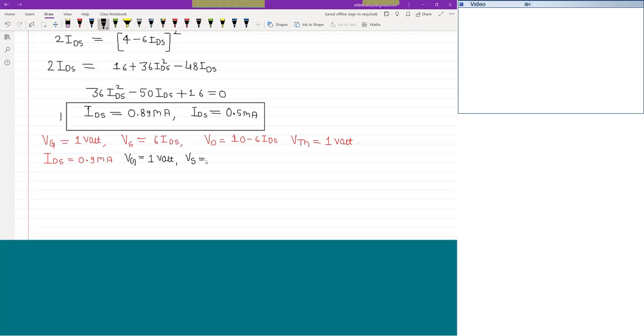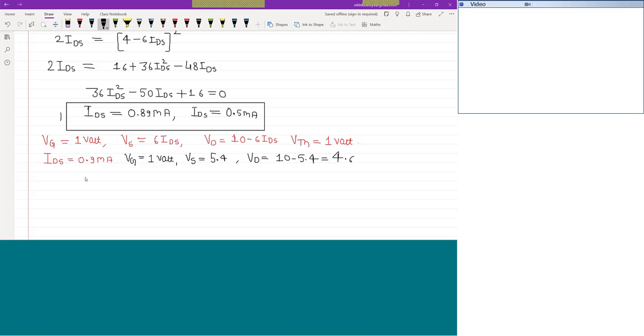The value of Vs is 5.4, and Vd is equivalent to 10 minus 6 into IDS, which is 4.6.